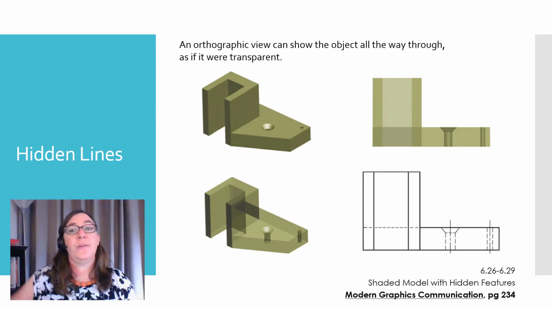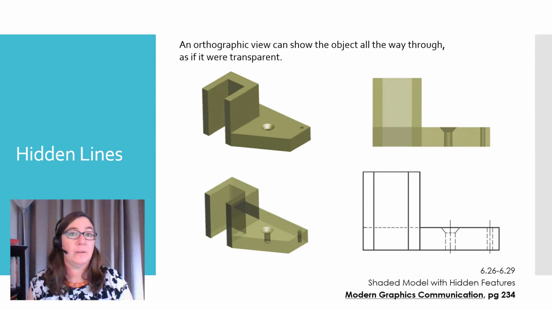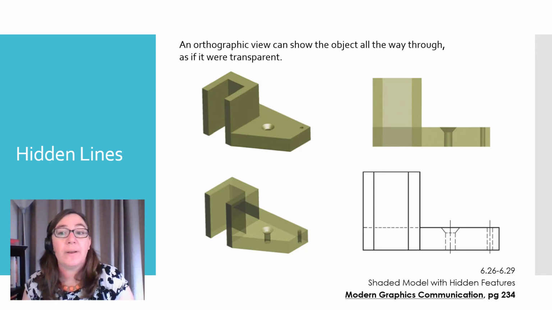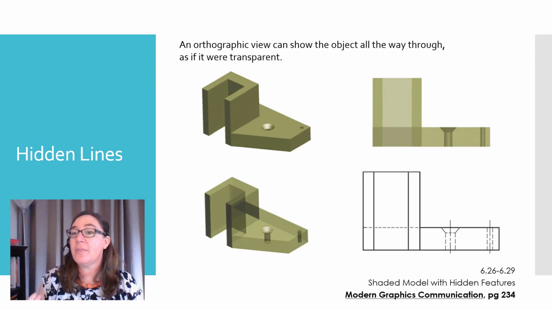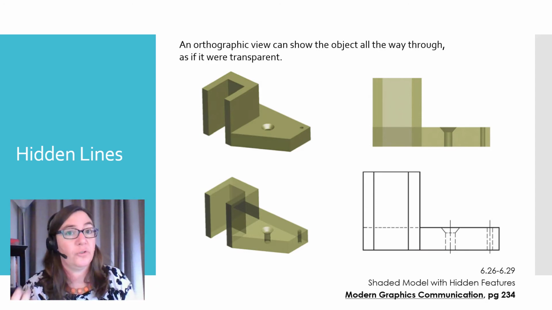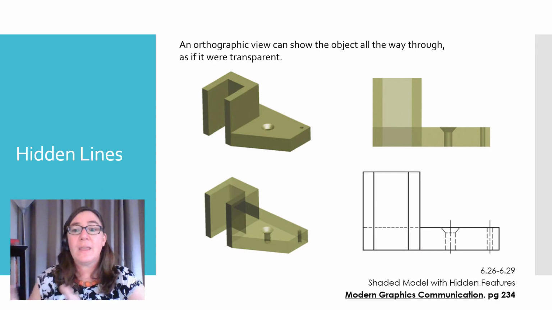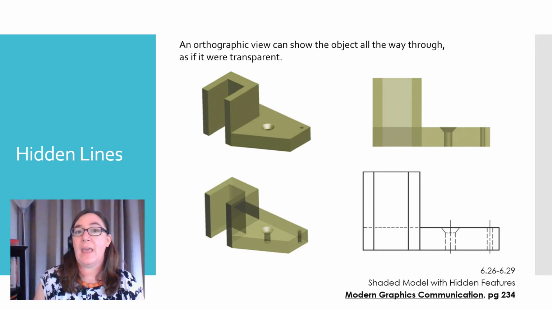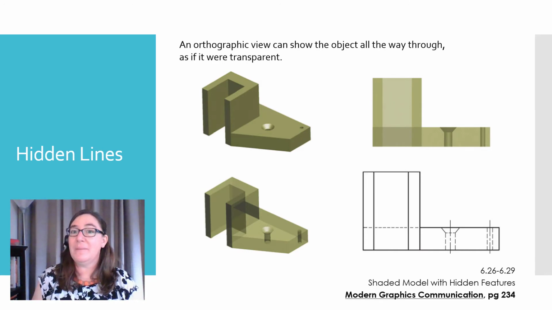Moving to the top right view, we have an orthographic front view of this same three-dimensional mechanical part, and it's transparent. Look, we can see hidden things such as that countersunk screw hole, that you wouldn't be able to see if you were just looking at a non-transparent, regular object.